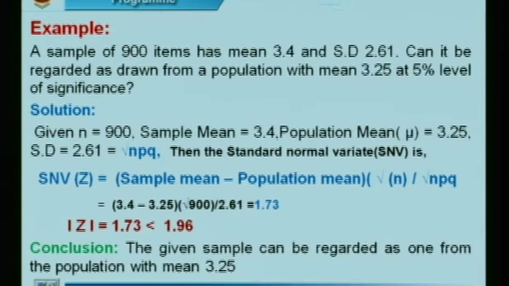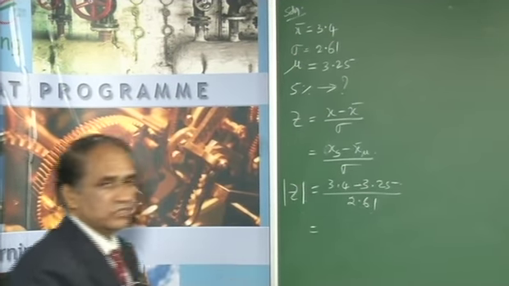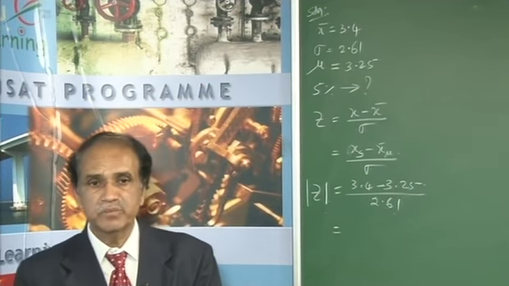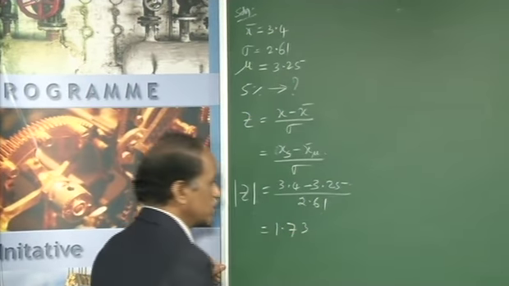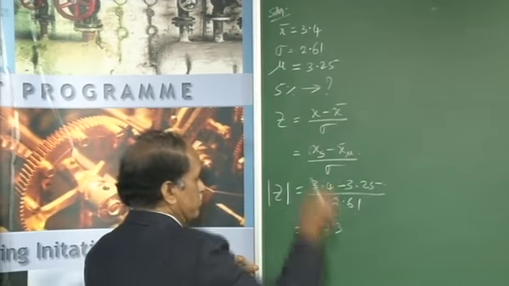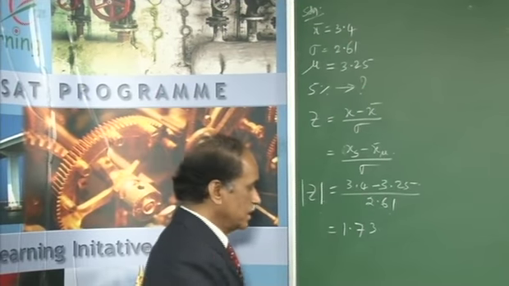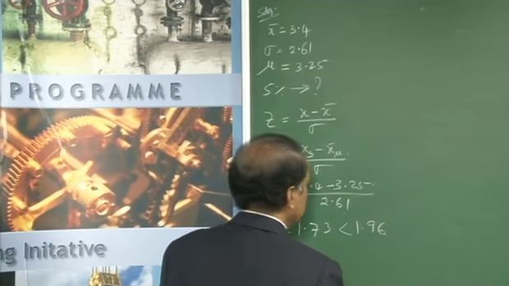In any situation, if you come across a negative value, you take the modulus value, because all these measurements are taken in the positive sense, that is 1.73. Here the level of significance is 5% and it is less than 1.96.